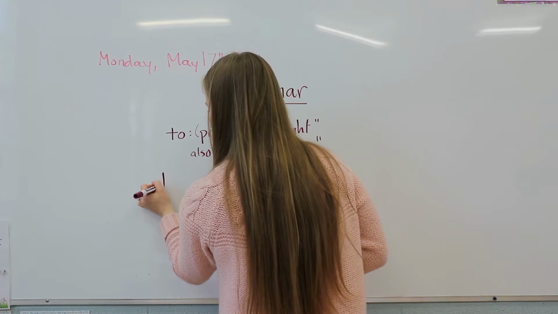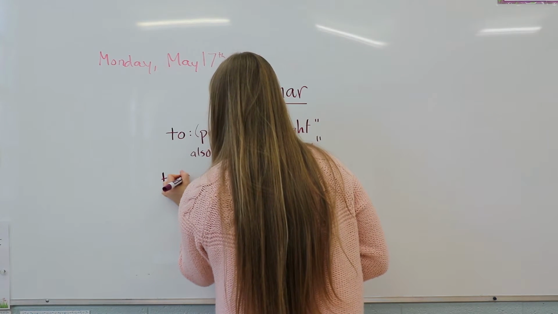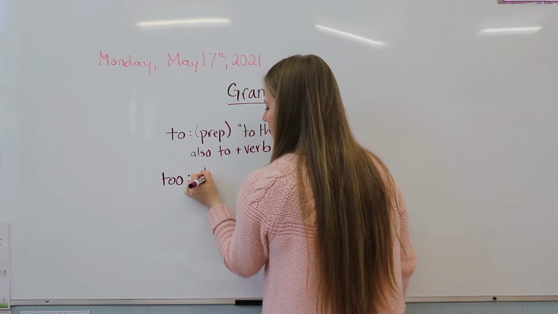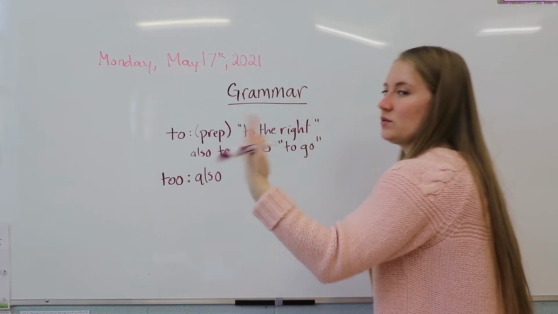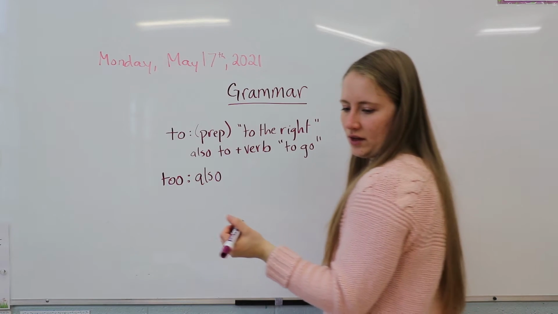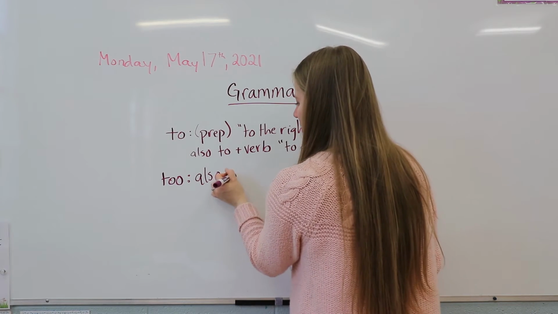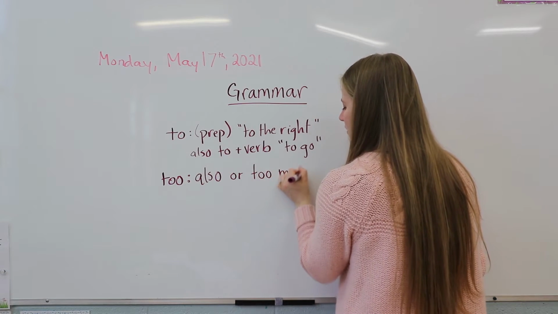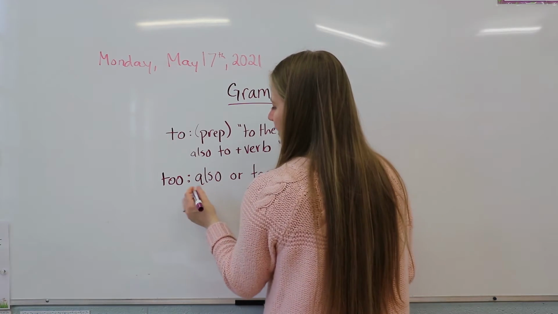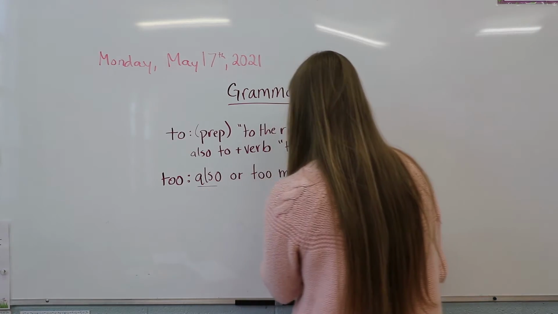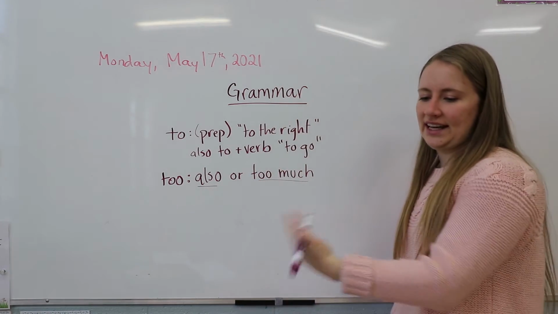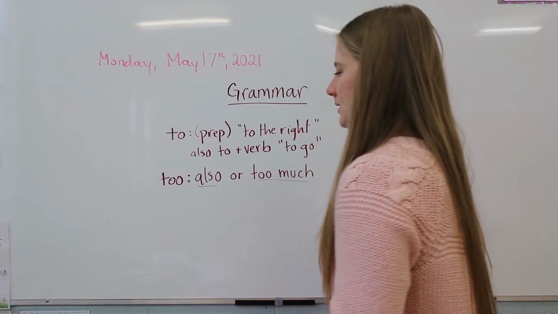And then too means also, like as well, okay, or too much, right? So if you have too much of something, if there's something in excess, okay?